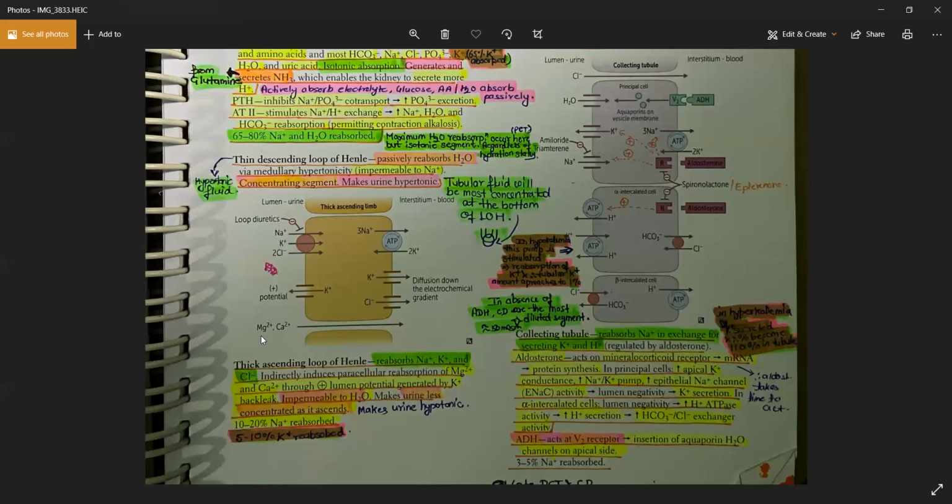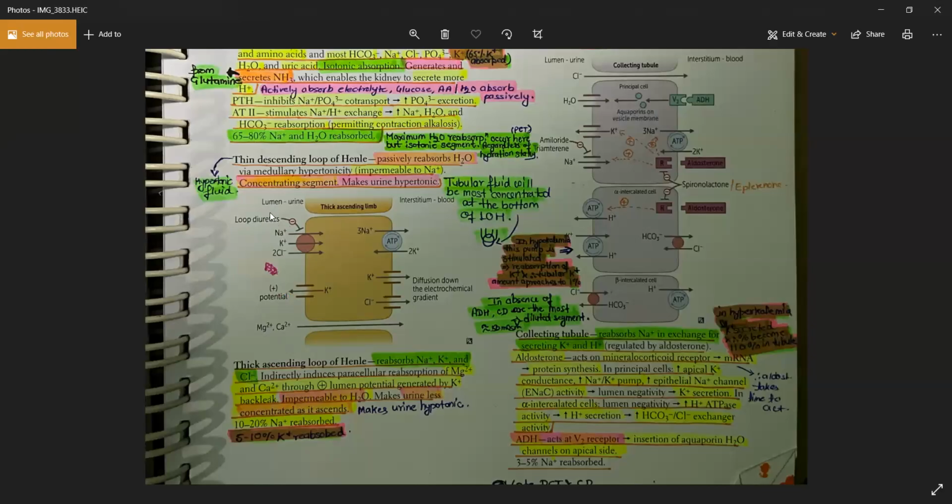You will have a decrease in the absorption of magnesium and calcium because no potassium efflux is present if you inhibit these transporters, right? So if the efflux of this potassium is not present, you won't have a positive potential here. If you do not have a positive potential here, you won't get the reabsorption of magnesium and calcium. And that's why you will have hypocalcemia and hypomagnesemia whenever you give the patient loop diuretics.